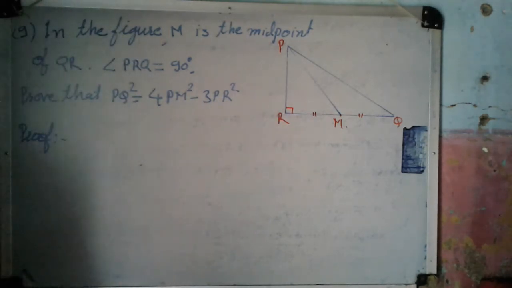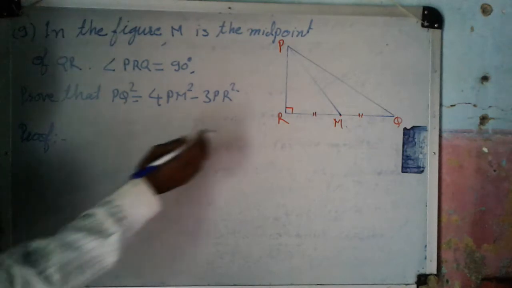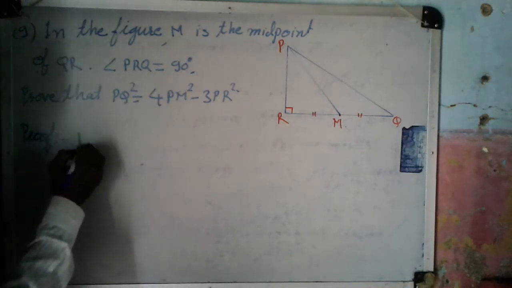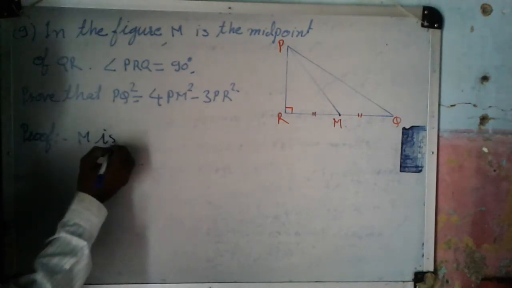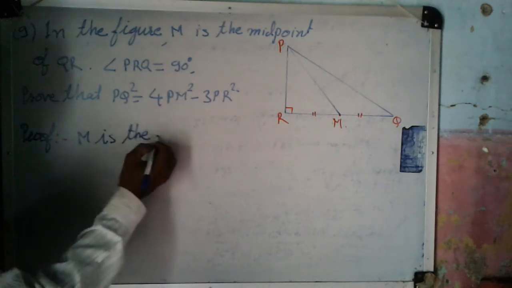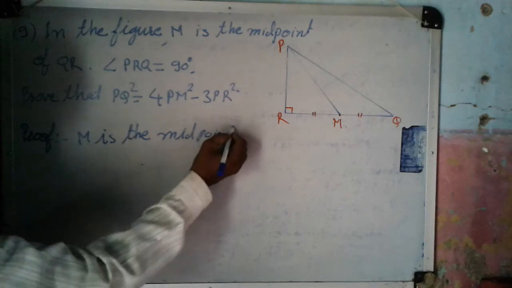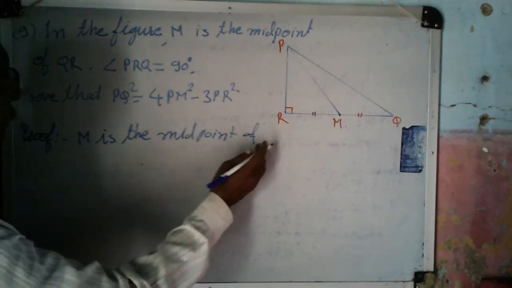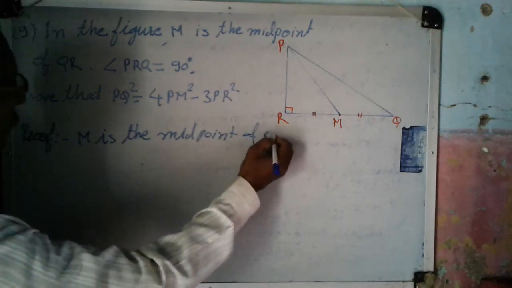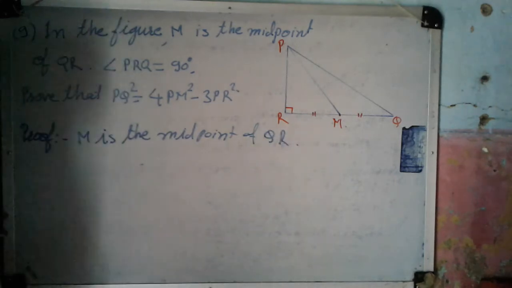Now here, given that M is the midpoint of QR.